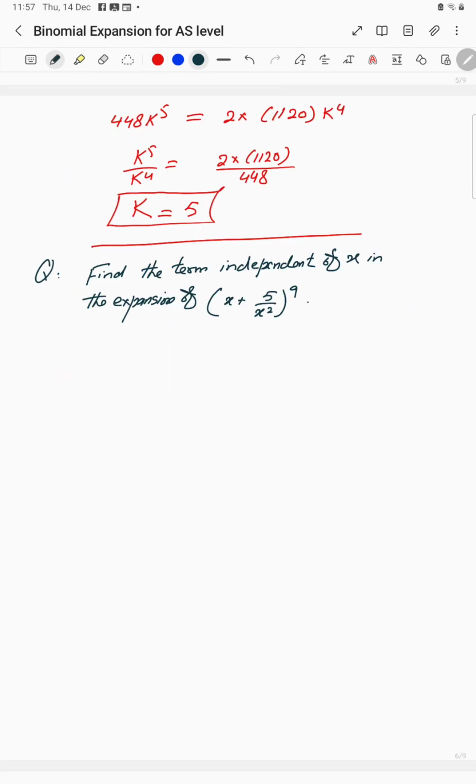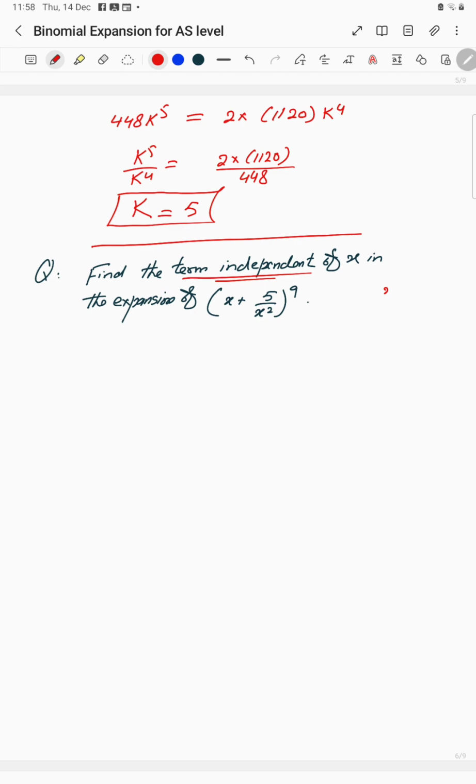Okay guys, for this question, find the term independent of x in the expansion of this. Here we are interested in finding a term independent of x. Again, since it has been mentioned as a specific term, we can apply the specific rule. Independent of x means the term in which the power of x is 0, right? A term independent of x doesn't depend on x.